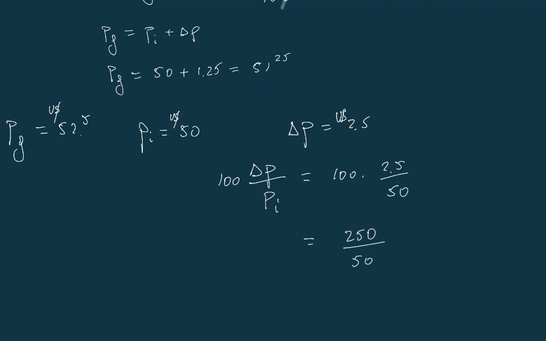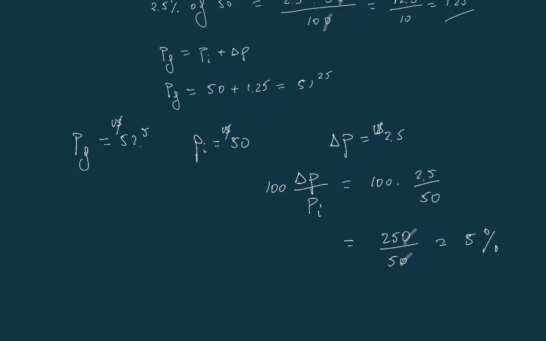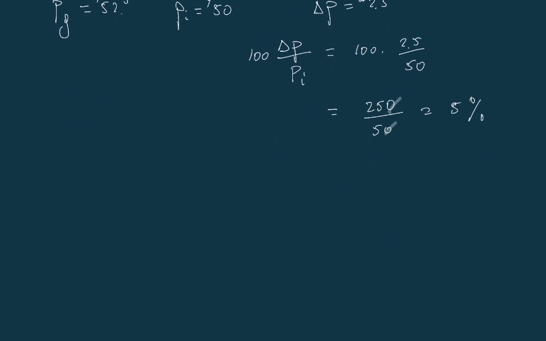The 0 goes, and 25 divided by 5 is 5. So 5% is the change in the price if you change from 50 to $52.5.